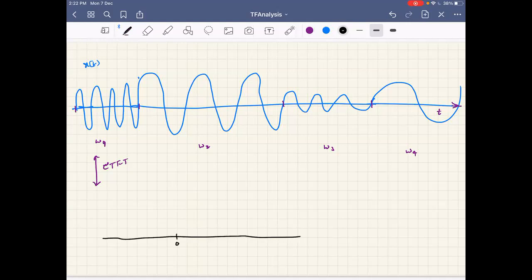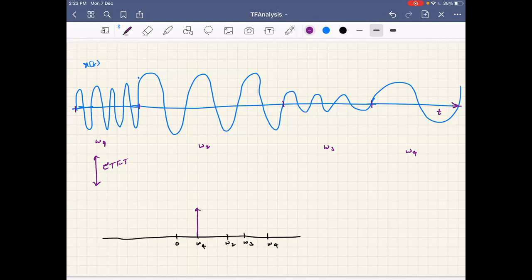If this is 0, somewhere you will get a peak for omega 1, which is the lowest frequency, and then the subsequent frequency omega 2, then omega 3, and then the last frequency omega 4. So you may have 4 peaks corresponding to these locations.